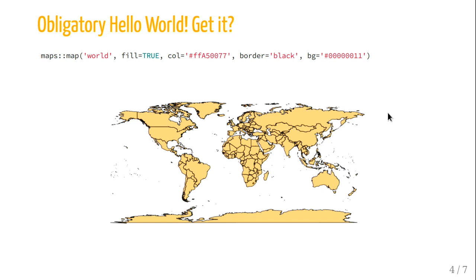It's just a simple map of the world, and as you can see immediately, even people who have no experience in coding can follow: fill all the polygons, give them a certain color, the border should be black, and the background should be whatever you see over there. That's just it. I don't know if you can see, the contrast is not really good over here, but trust me, there is a background color over there.